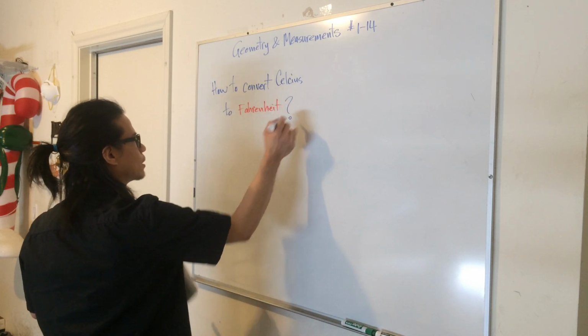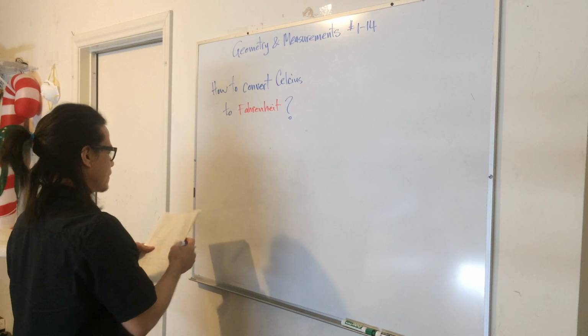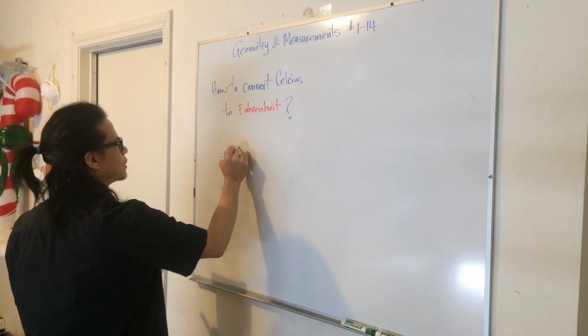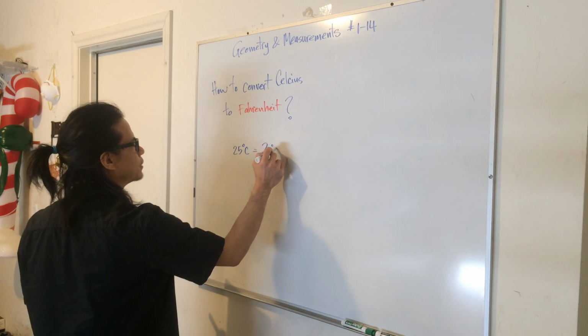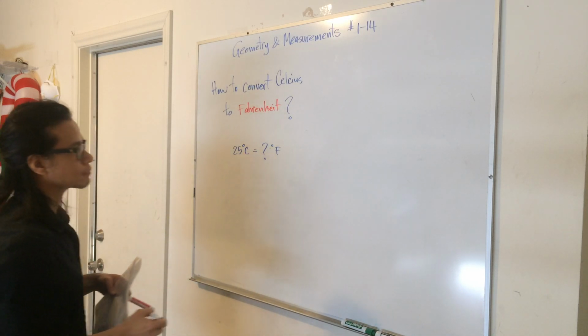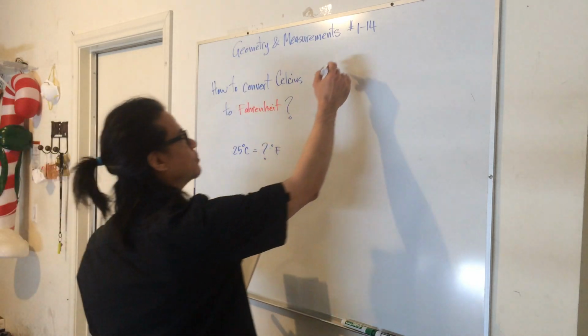For example, 25 degrees Celsius is equal to what degrees Fahrenheit? Lucky you. We're going to give you another formula to work with.